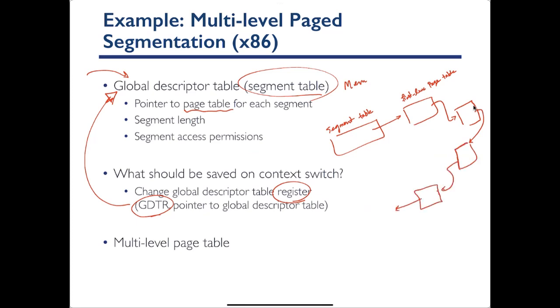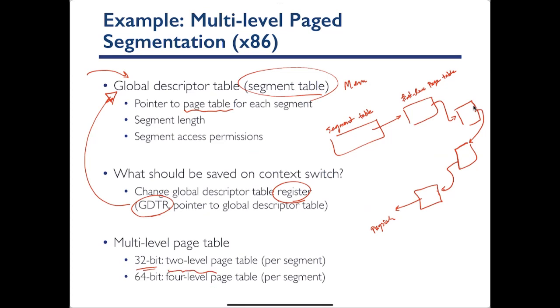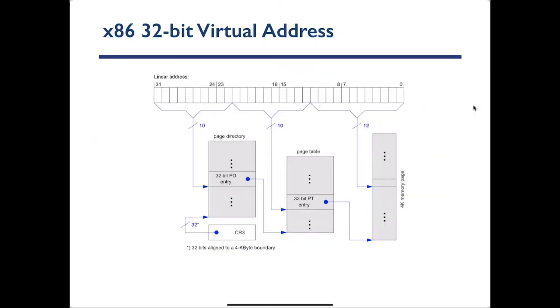And eventually you get your physical address. So there are 4 levels of indirection, if I'm not mistaken. So you have a multi-level page table. In a 32-bit system, you have 2 levels. In a 64-bit system, you have 4 levels of page tables. So here's the demonstration for a 32-bit system, x86.